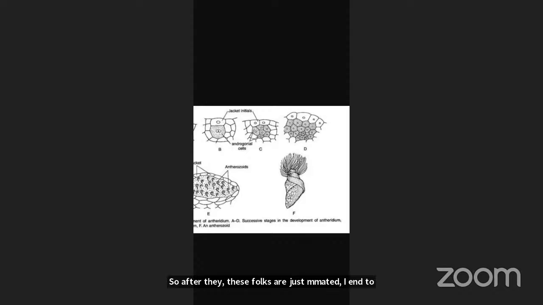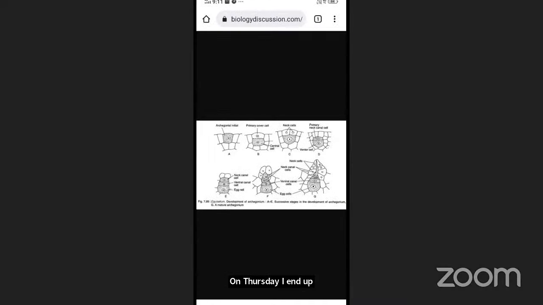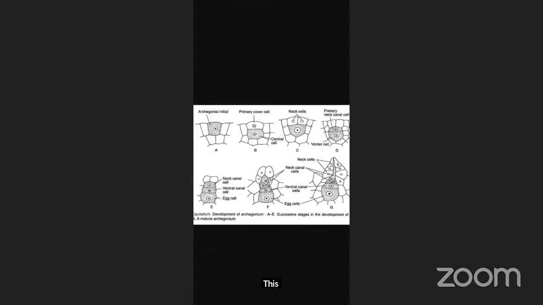In the gametophyte, they bear the reproductive organs, the antheridia and archegonia, which develop. See here the development of the antheridia and archegonia. This structure is the archegonium. In its development, the archegonial initial undergoes a periclinal division, forming the central cell and cover cells.